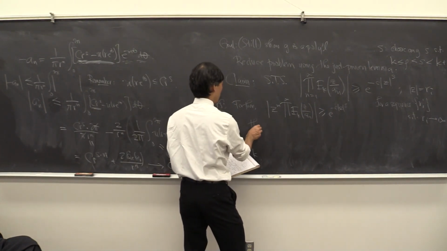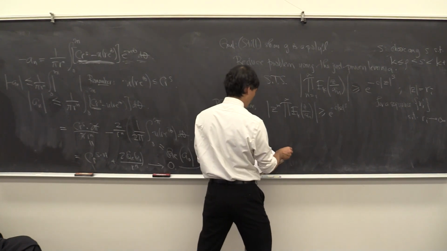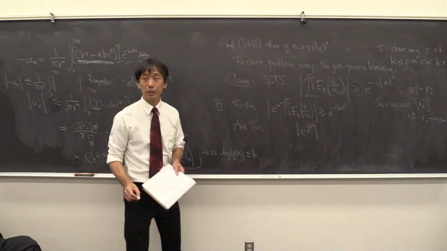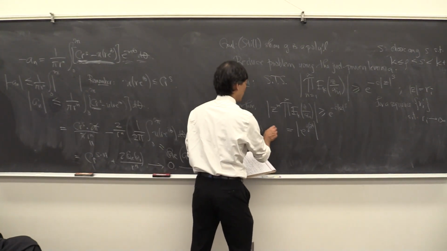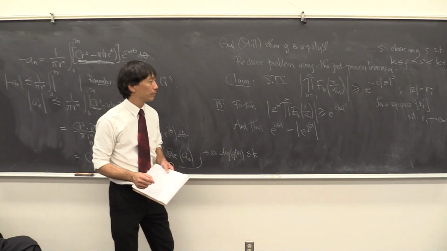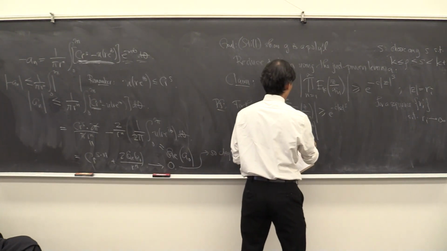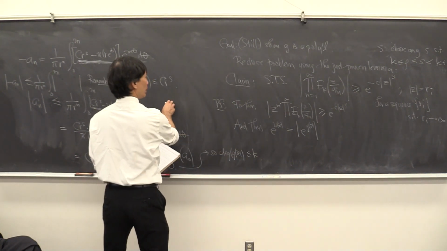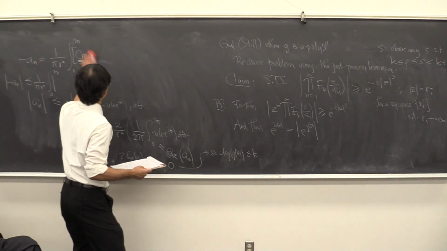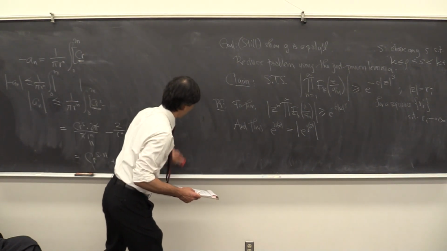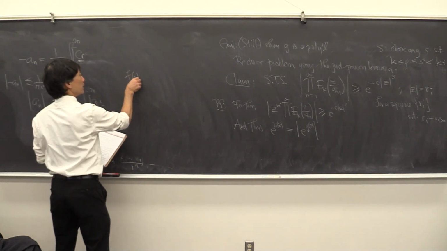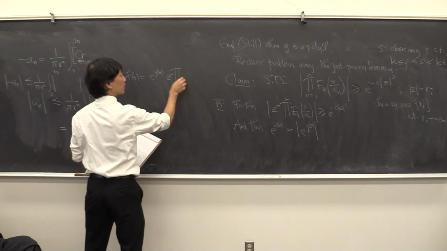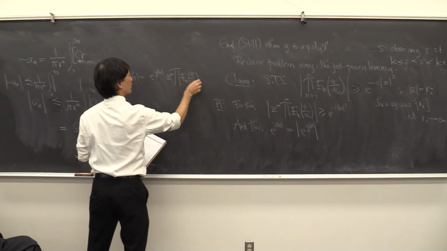And thus, if we look at the absolute value of e to the gz, which is the same thing as e to the uz, u being the real part, right, f is this thing.